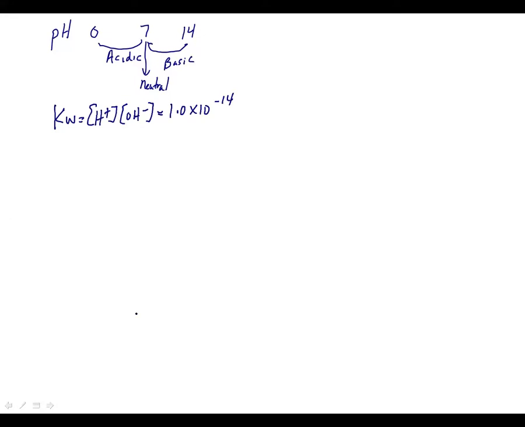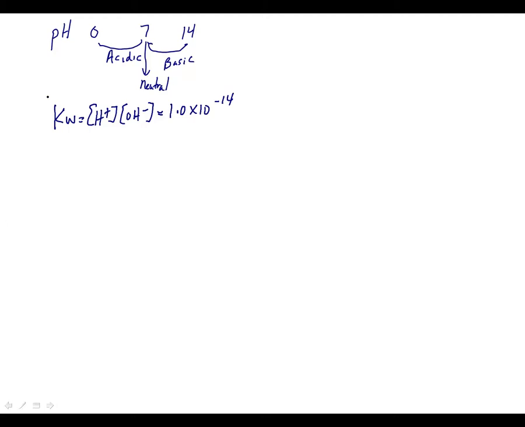The H plus concentration is essentially the acid part. The OH minus concentration is essentially the basic part of the solution. And again, you can use this to calculate either one. It's essentially the same calculation, no matter which way you do it. You take 1 times 10 to the minus 14 and you divide it by the other concentration.